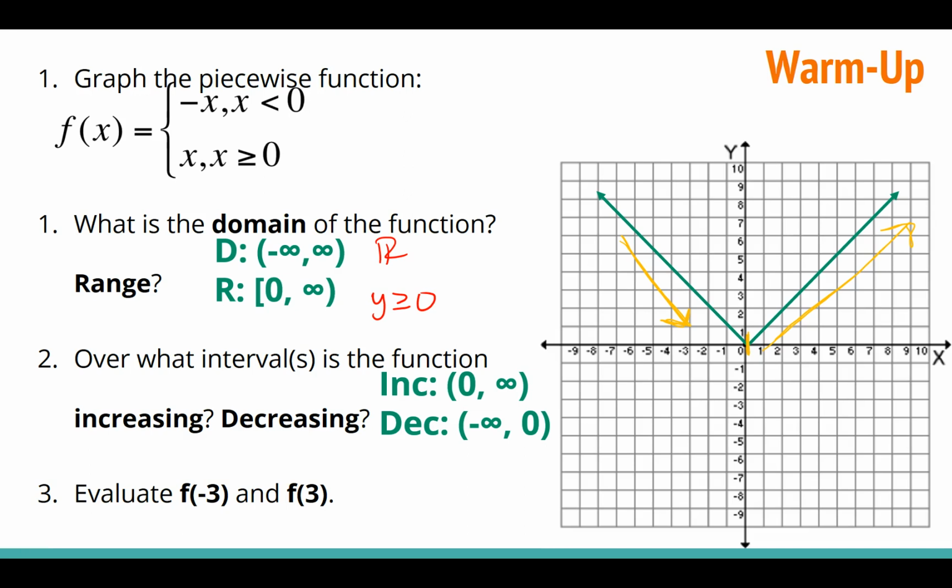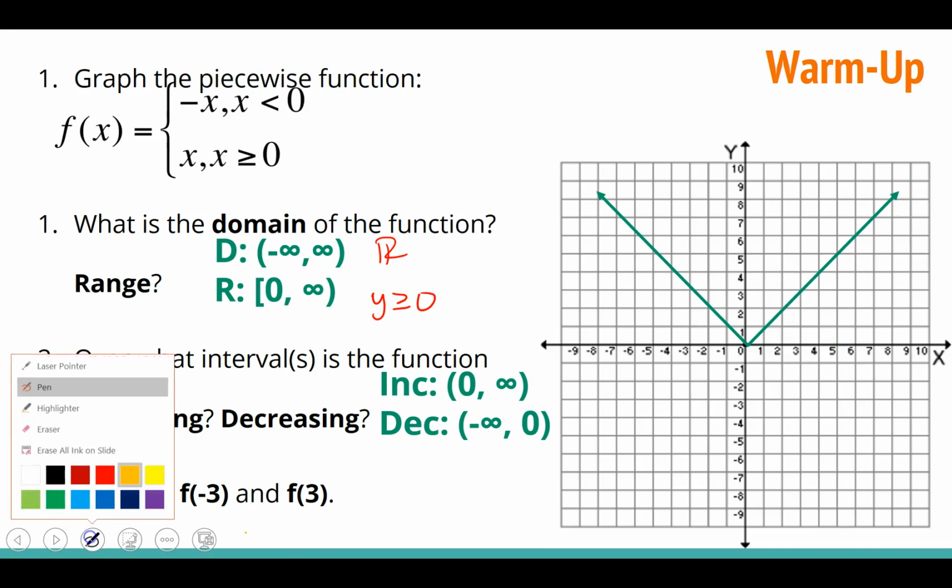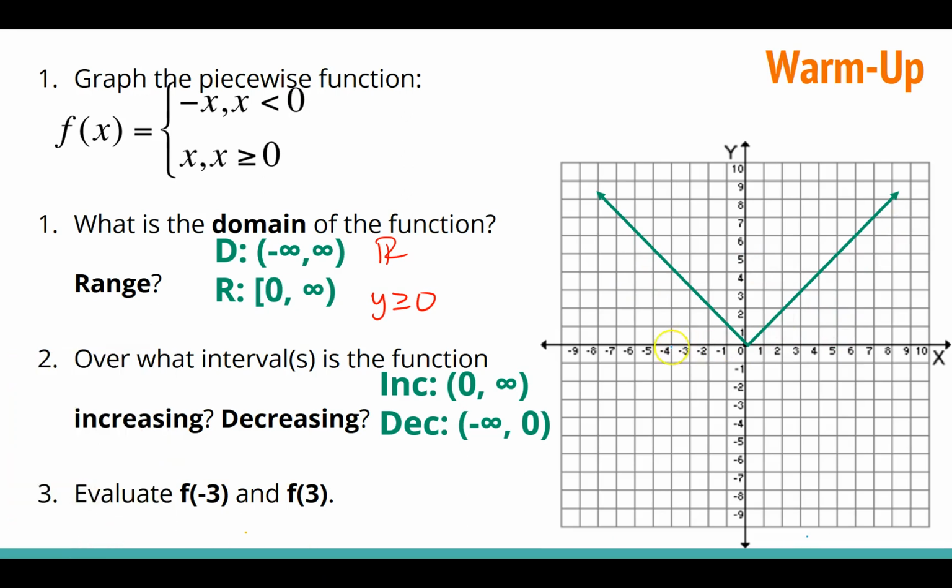How about evaluating? We are looking at the x of -3. We're seeing where on the function that falls, and it falls right here, which is a +3. Then it asks me for an x value of +3.